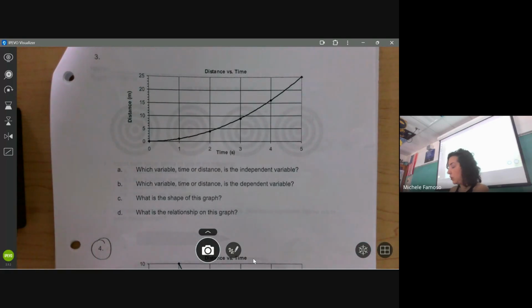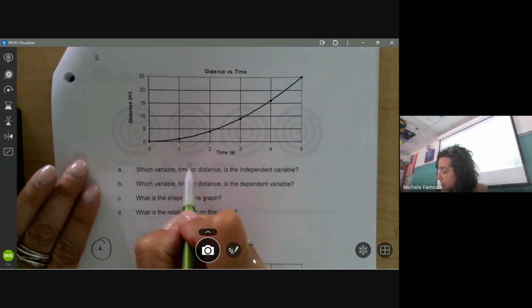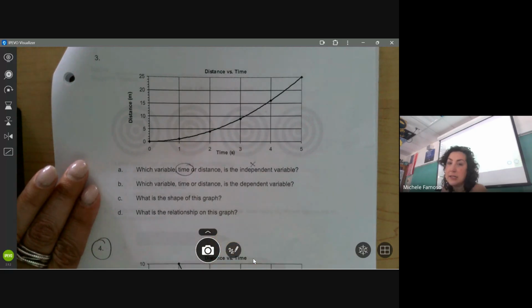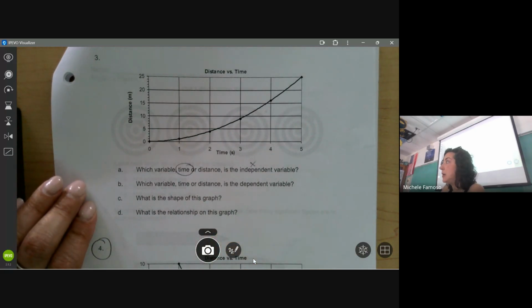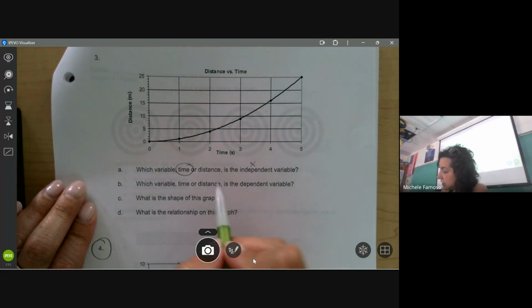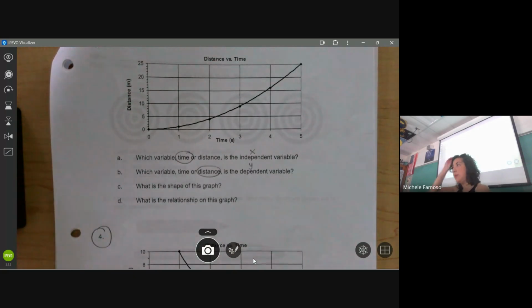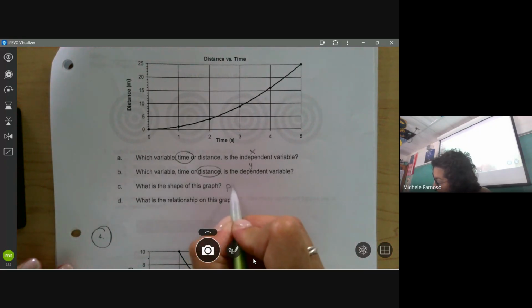Looking at that graph, which variable is the independent one? Time. Very good, because it is on the x-axis. Which one is dependent? Distance, because it's on the y-axis. Okay, what is the shape of this? That is a parabola.